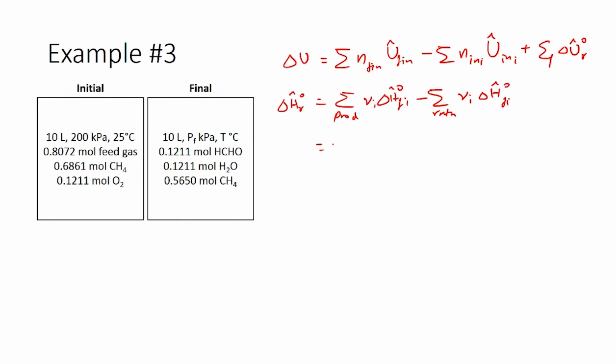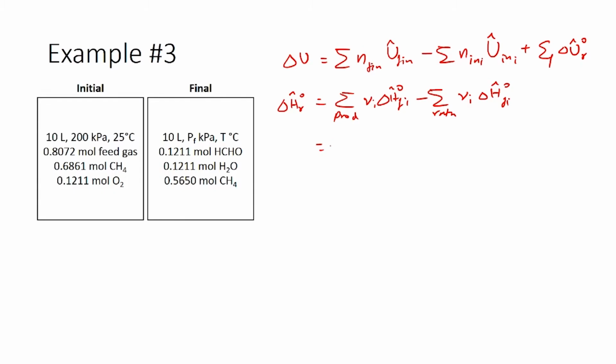So, now taking that into account, we have formaldehyde and water as the products and we have methane and oxygen as the reactants. So, obviously oxygen would not have any heat of formation because it is an element. So, you would end up with all of them having stoichiometric coefficients of 1.